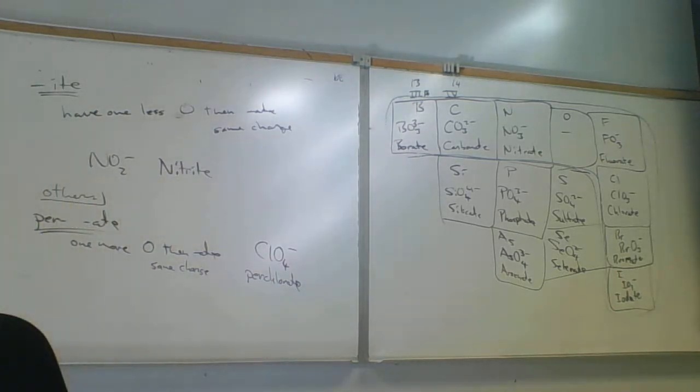And then I have another one, which is the hypo prefix and the ite suffix, hypo-ite. And so this is one less oxygen than the ite, same charge. So let's go to hypochlorite.